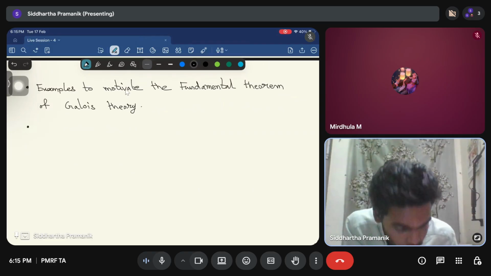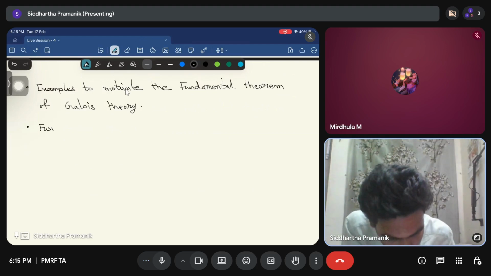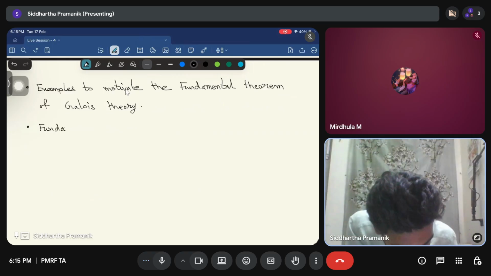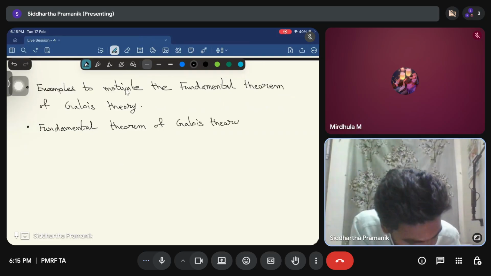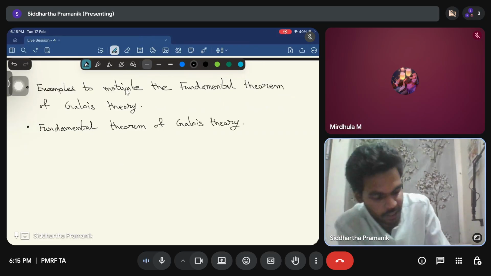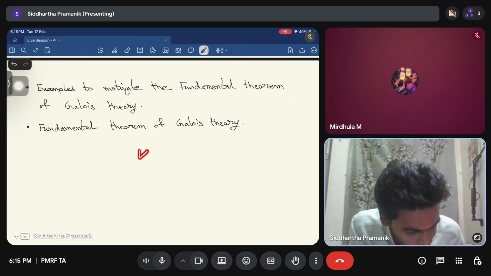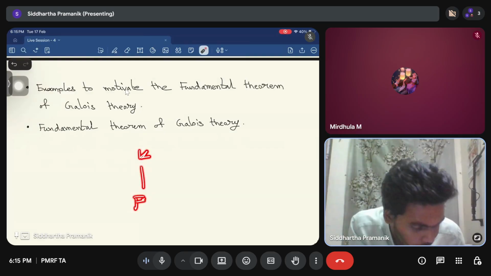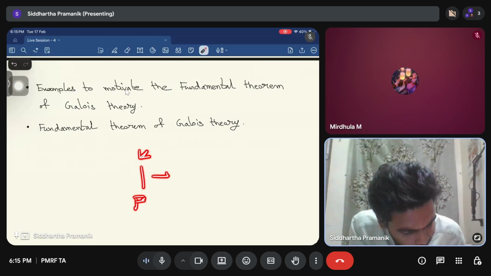Then we have also done the fundamental theorem of Galois theory, in which we have particularly done two statements. The first statement is about, if we have a Galois extension K over F, relating the intermediate fields and the subgroups of the Galois group.